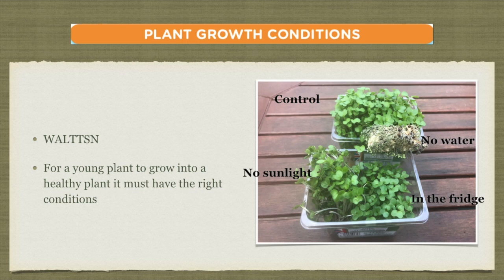Now unfortunately, the cress that was not given water is not going to survive. It will not be possible to bring that cress back to life, but we could definitely give the cress that had no sunlight and the cress that was put in the fridge, if we put it back into the normal conditions that healthy plants need, they would recover.